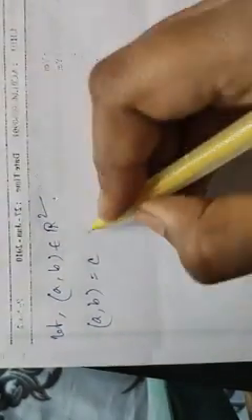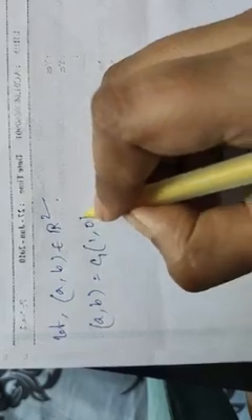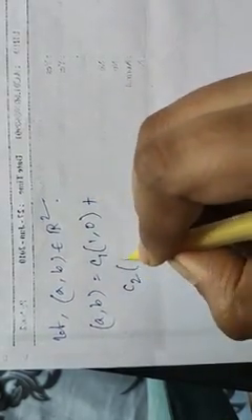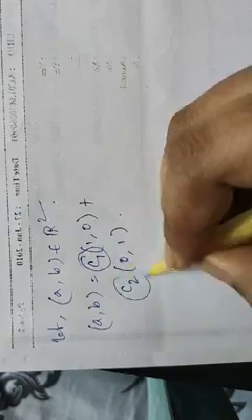So let (a, b) belong to R square. Now if we can prove that (a, b) can be expressed as some C1 times (1, 0) plus some C2 times (0, 1), then our work will be done. We need to find the values of C1 and C2.